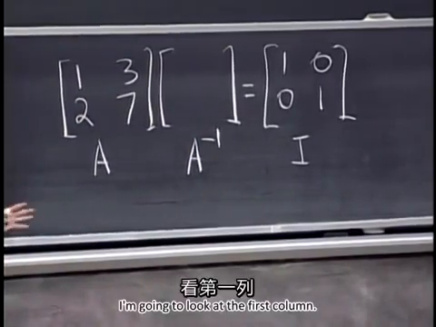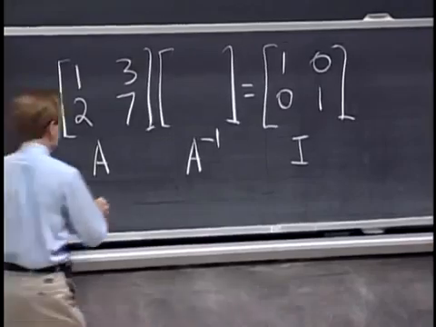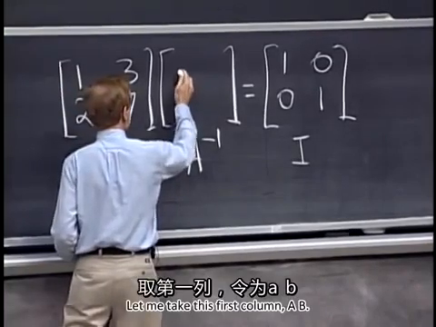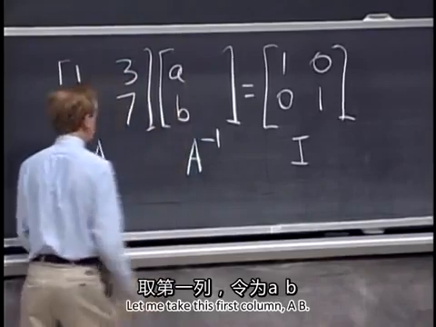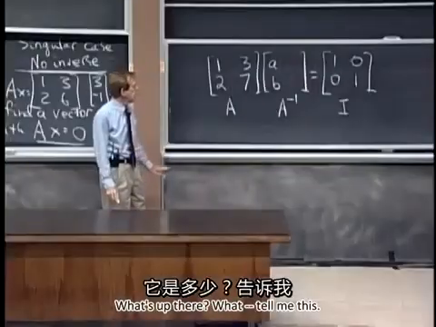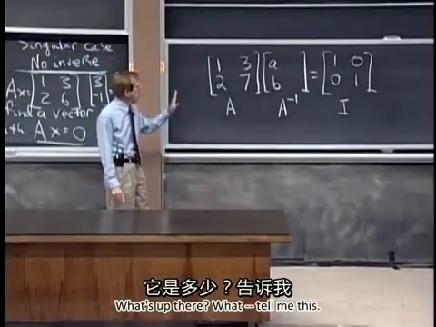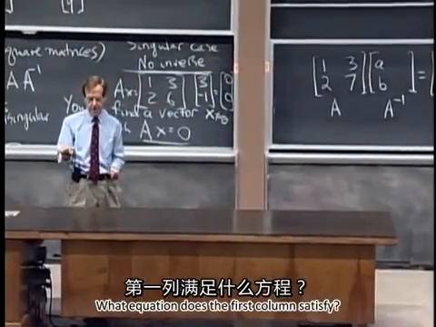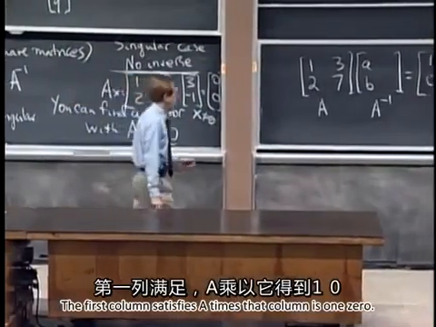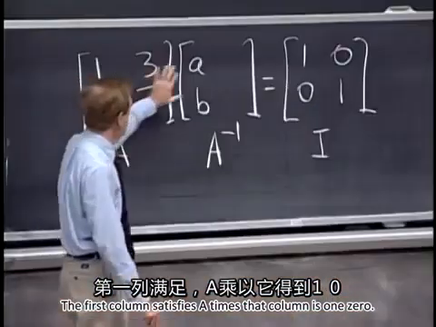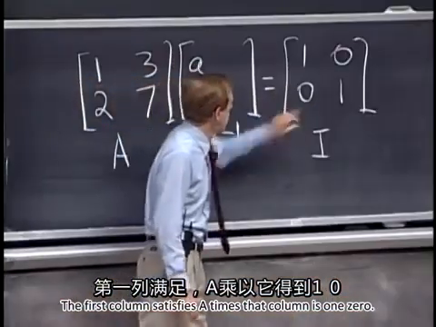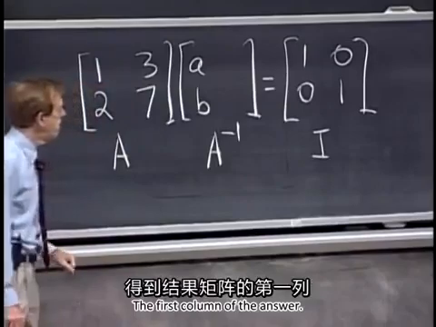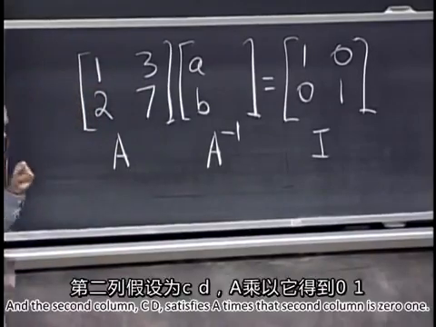I'm going to look at the first column. Let me take this first column, a, b. What equation does the first column satisfy? A times that column is 1, 0, the first column of the answer.